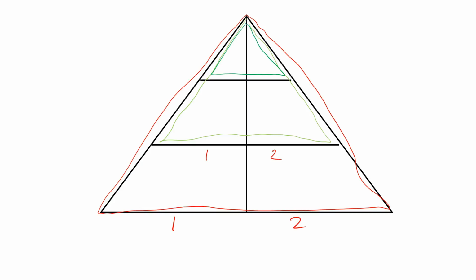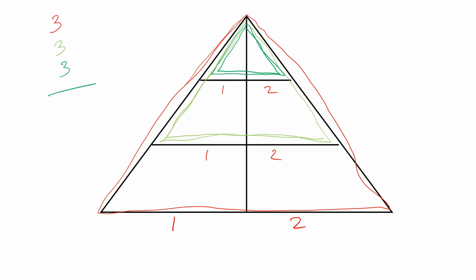This one also has two bases, 1 and 2. So the number of triangles for this bigger triangle is 1 plus 2 equal to 3. The number of triangles for this middle triangle is 1 plus 2 equal to 3. And for this small triangle, we have 1 plus 2 equal to 3.